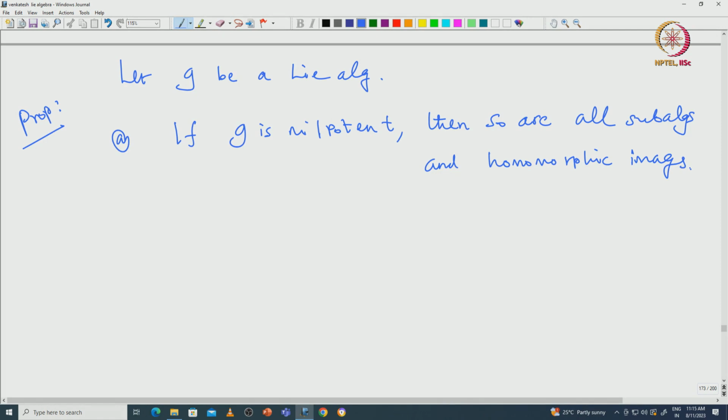This is again easy to prove. So, what is the proof? Just look at K, which is a subalgebra of G. Then it is not difficult to prove that K power i is a subset of G power i. So, whenever G power i is 0, that will imply K power i is 0. So, that proves any subalgebra of a nilpotent Lie algebra is nilpotent.